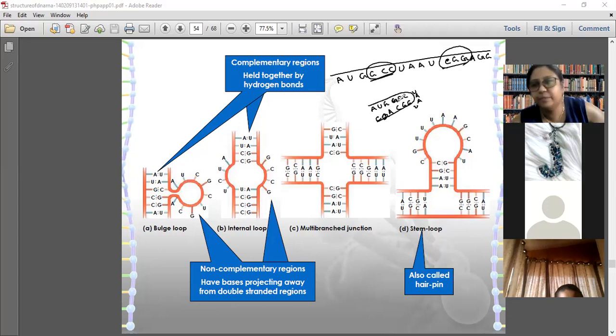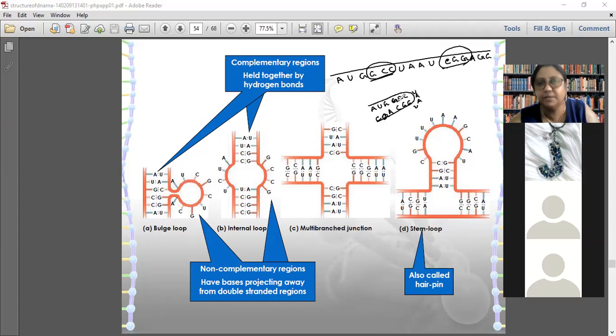These types of loops are very common. Although it doesn't have a standard double-stranded structure like DNA, wherever it has a complementary part in between, the RNA can obtain various structures depending on the complementary part.